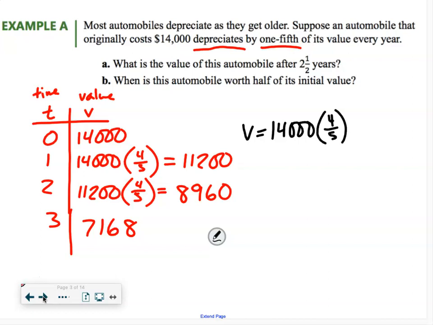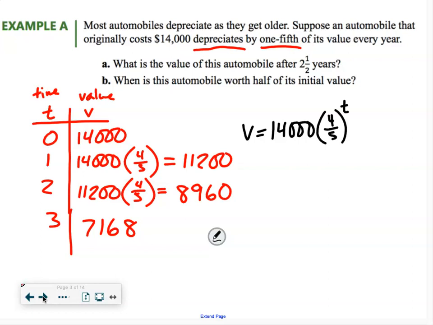After the second year, we would have 14,000 times 4/5 times 4/5, or 14,000 times 4/5 to the second. In general, we're going to have 14,000, oh, I called it variable t, 14,000 times 4/5 to the t. Normally it's x. I called it t for this problem, so we're going to stick with t. So I have 14,000 times 4/5 to the t.